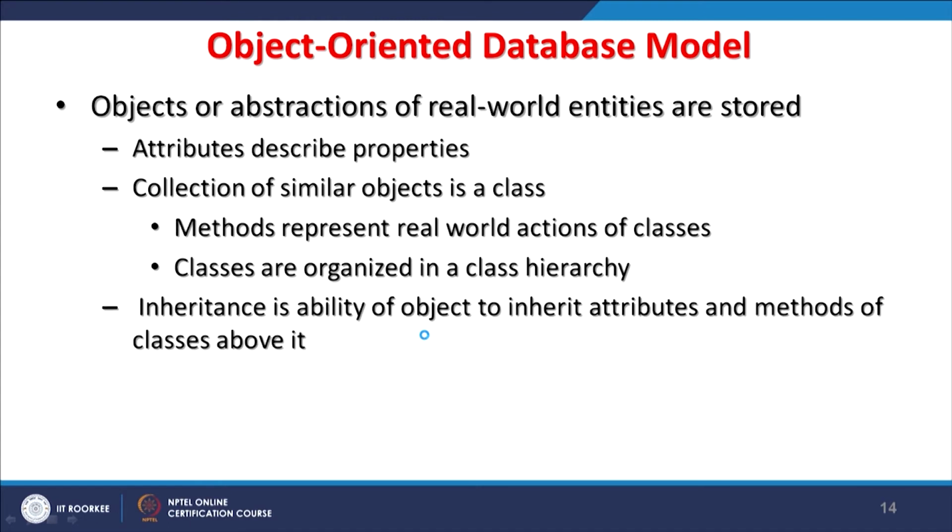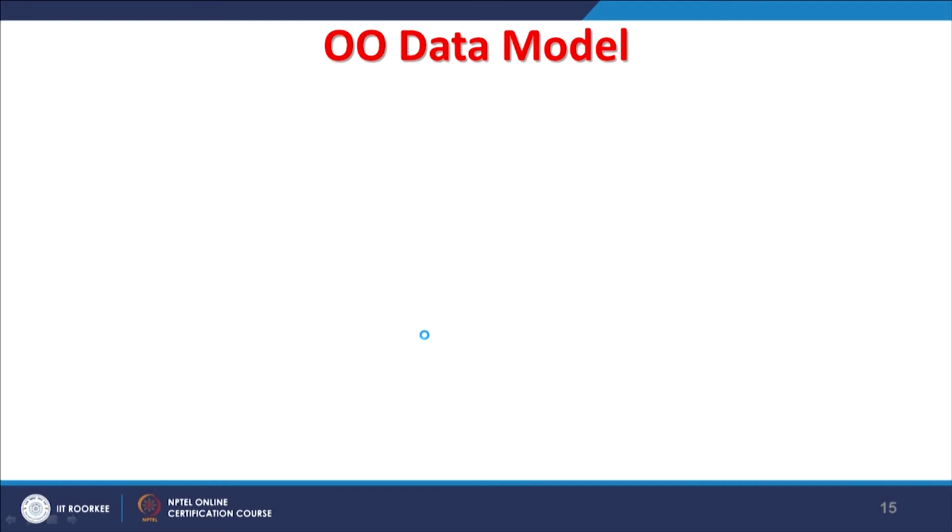Now, the second point here is inheritance, the ability of objects to inherit attributes and methods of classes above them. Because this is object oriented, we handle each entity quite distinctly as compared to other database models.